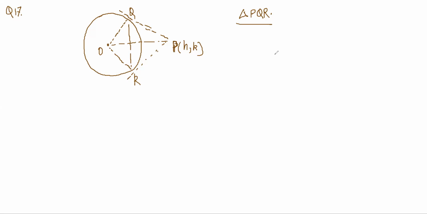Area of triangle PQR. Basically what we can do is we know that the equation of the given circle is x square plus y square is equal to a square. We are given a point (h, k) from where the tangents are drawn. Then we can find the length of the chord of contact.